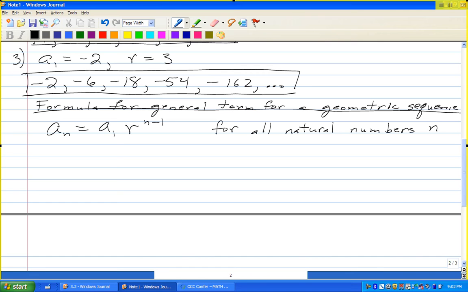Here I'm assuming that r is not equal to 0.